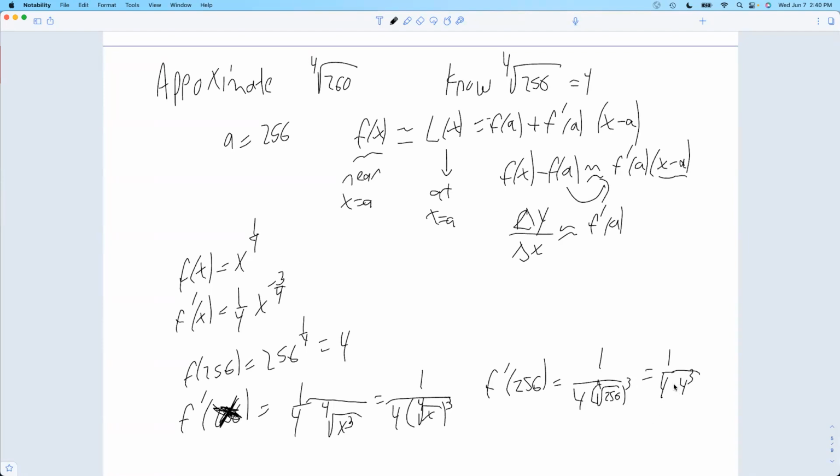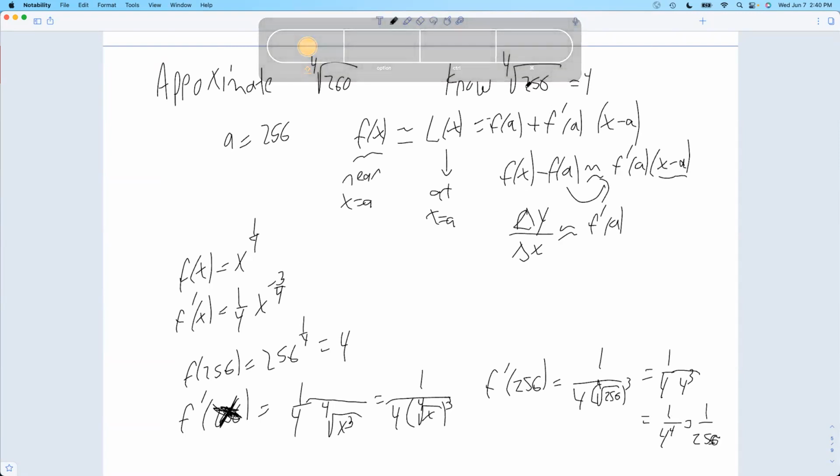This is pure coincidence that this is happening. It was the fact that I had a fourth root and my answer was 4. This is funny, I'm getting 1/4 to the 4, which is 1/256. It's pure coincidence that this number happened to be the same as that number there.